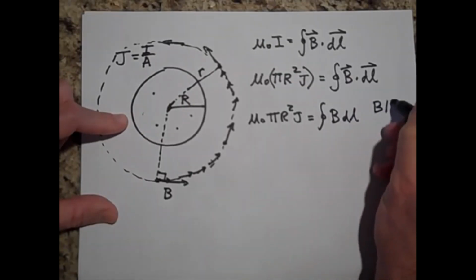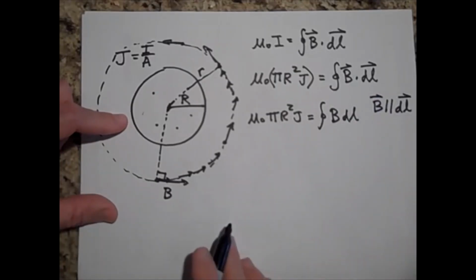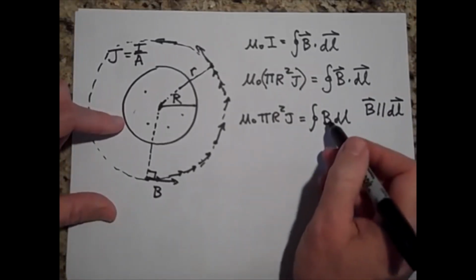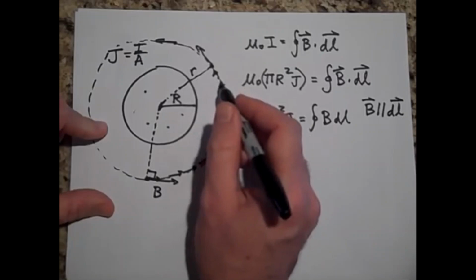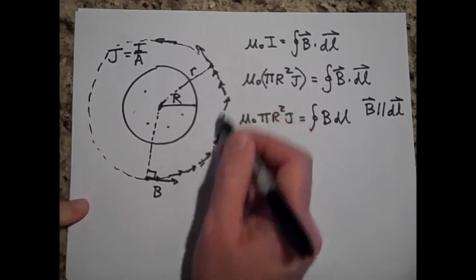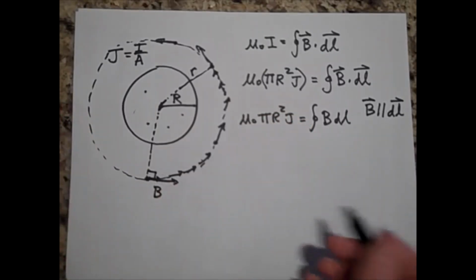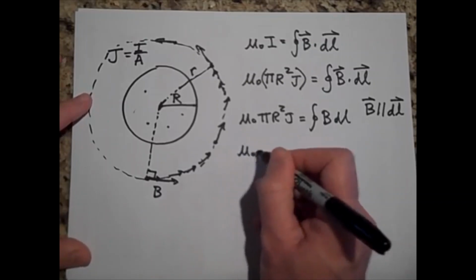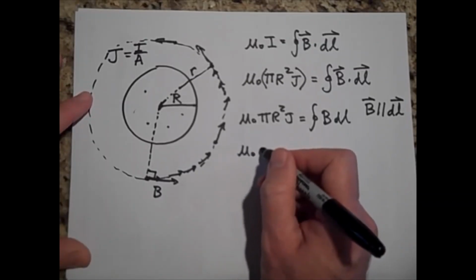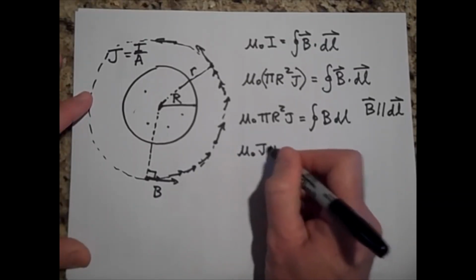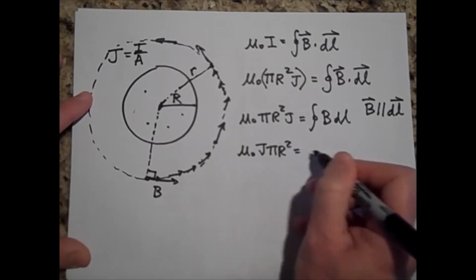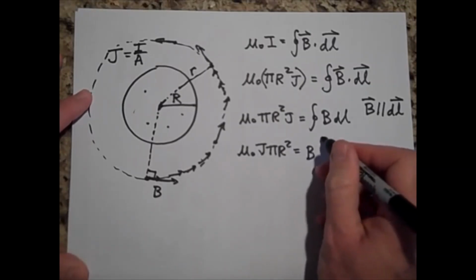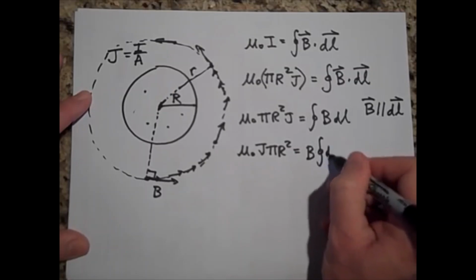So this is the argument. B and dl are in the same direction at all points on the Amperian loop. And then I can pull the B out of the integral, because why would B be stronger here than here than here? Because of the symmetry. So mu naught times J times pi R squared is equal to B times the closed loop integral of dl.